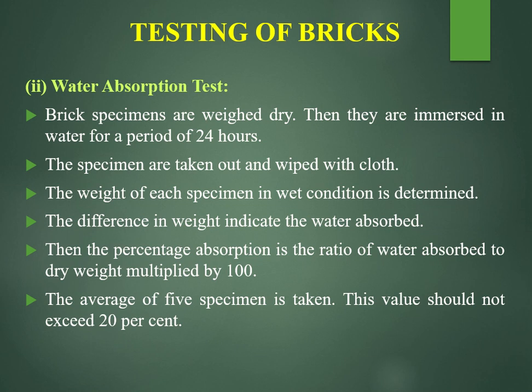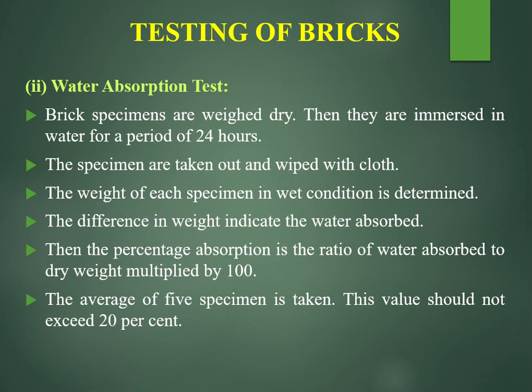So how do you get the difference in weight? W2 minus W1 by W1, and just multiply by 100, and we get the percentage. As told, generally we take on average 5 specimens to determine the water absorption. Remember one thing: for a good brick, as told earlier, the water absorption should not exceed 20%.